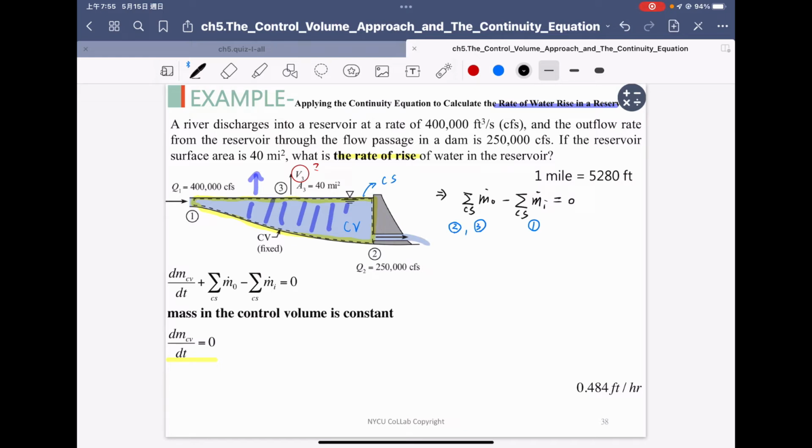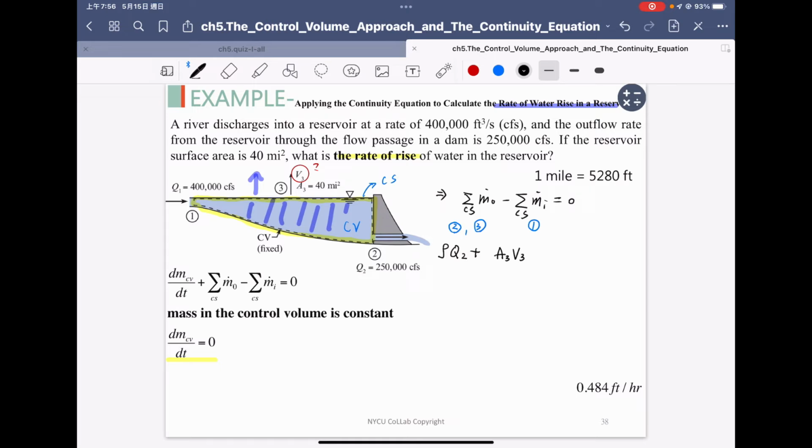So the mass flow rate along section 2 is equal to the density multiplied by Q2, the mass flow rate along the outflow section 2, plus, across section 3, we only have the area A3, and we don't know the velocity.